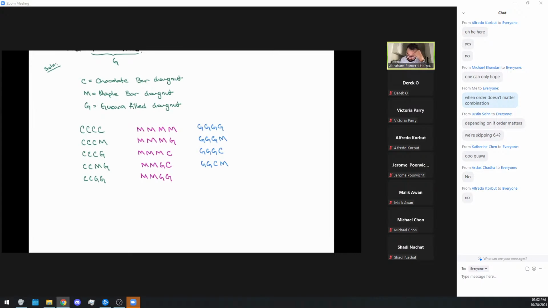Think, am I missing any combinations? Two guavas and I can't do two chocolates because I already have that. Two guavas and two maples, I already have that. I feel like there's one more missing.